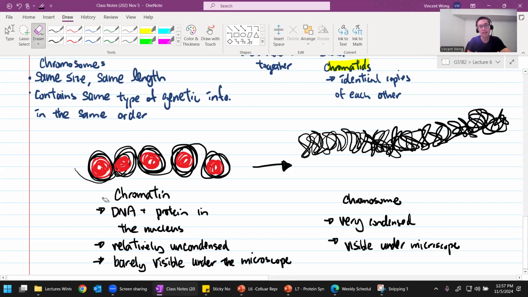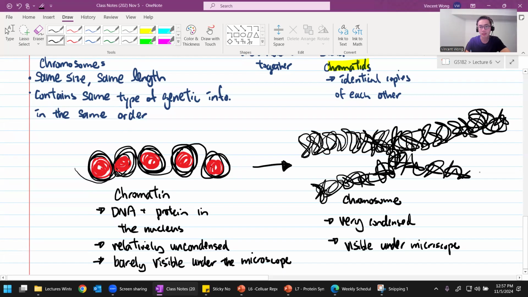And the truth is, by the time it gets to the chromosome state, it would have copied itself already. So then you would get this X shape. And if you have been following what I'm saying, these are identical copies, so we call them sister chromatids.